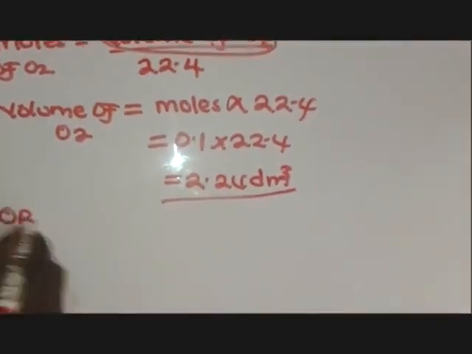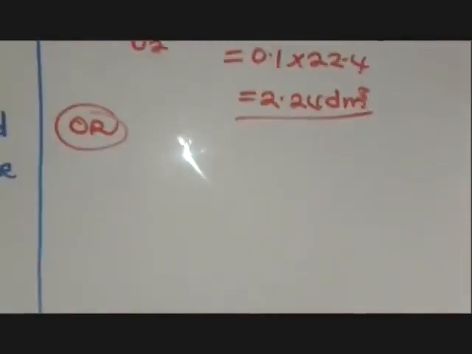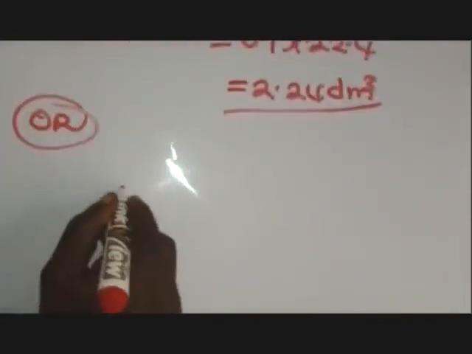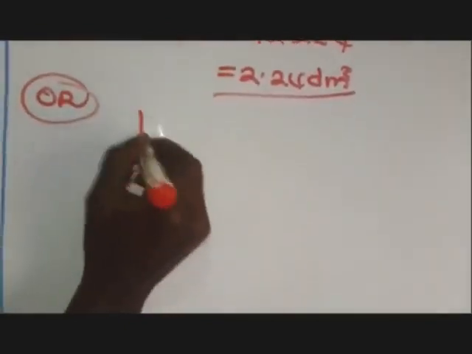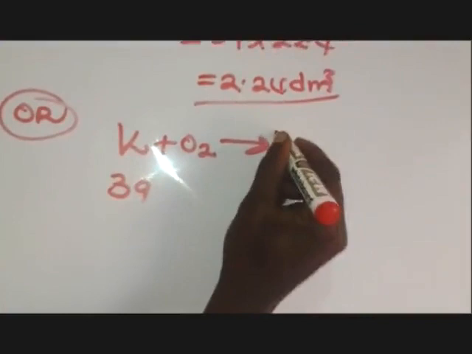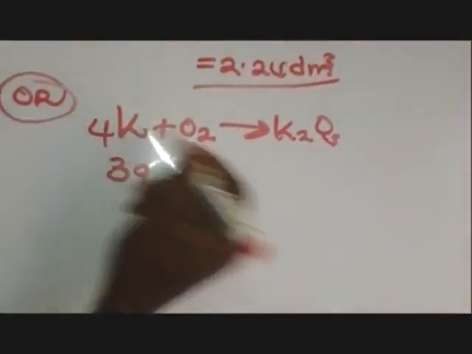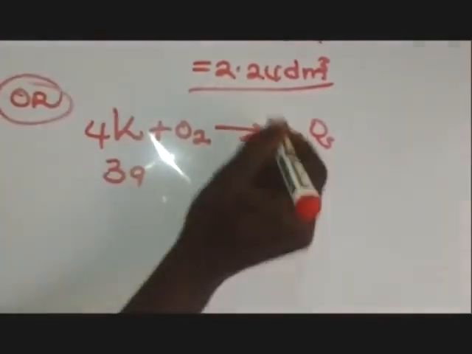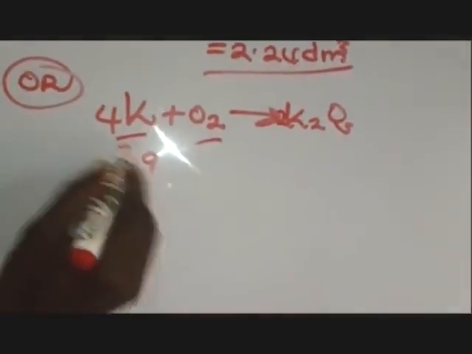Alternatively, as we said there, you can bring in the mass of potassium, which was 39. Remember, from the equation you add potassium plus oxygen, don't forget that, to form potassium oxide. Here we add the 4, and here you add the 2. Now we are considering this and this, but this one is 39 potassium.